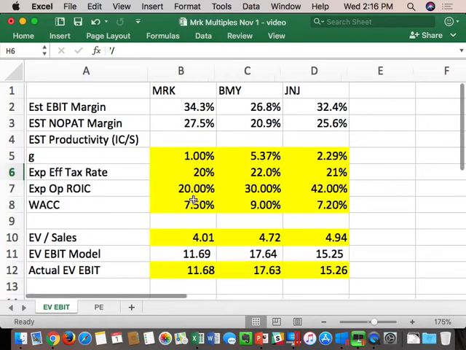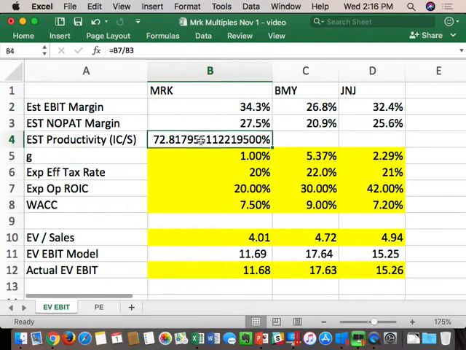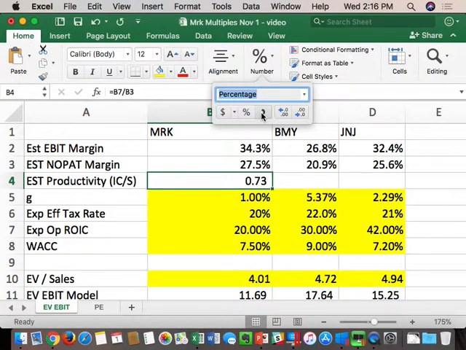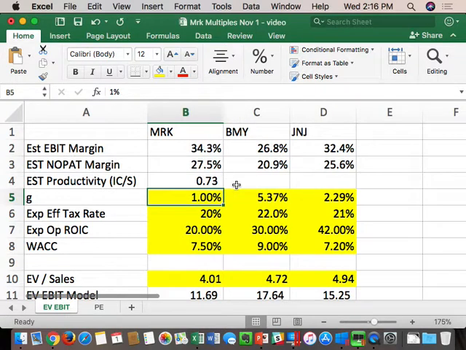Okay, so that's what I'm going to do here. I know my ROIC. I know my margin after tax. So I have a sense of my productivity. Way too many decimal places, so I'll just make it 2. But that number is S over IC.